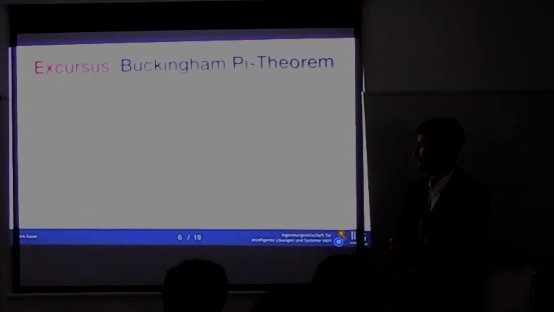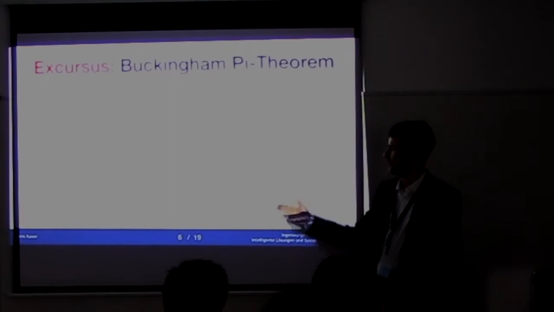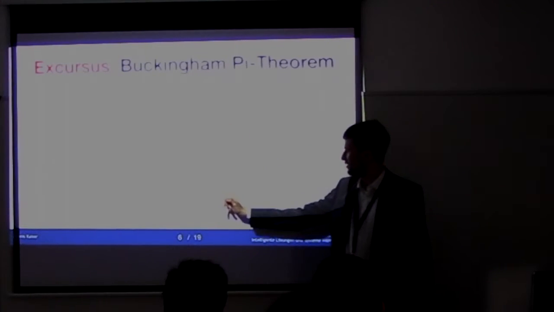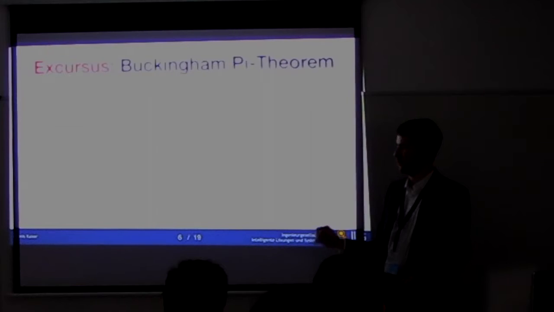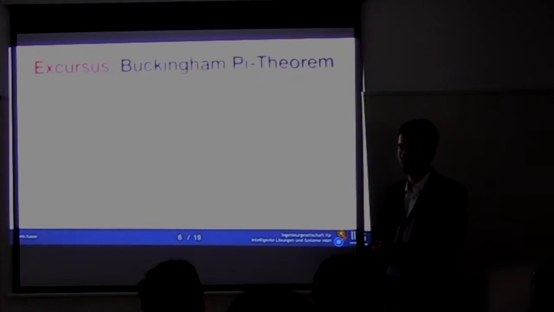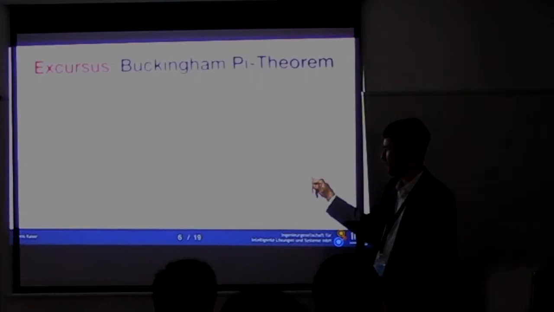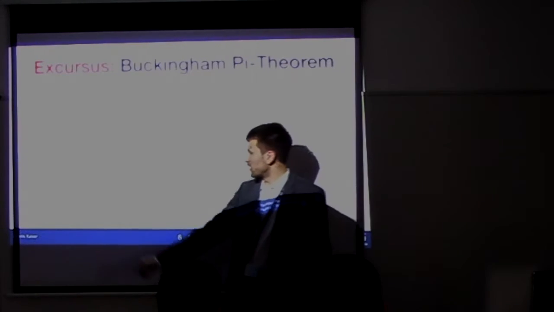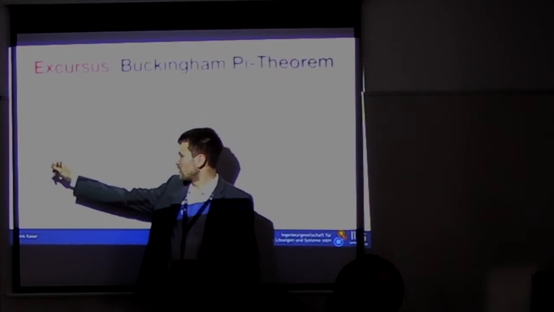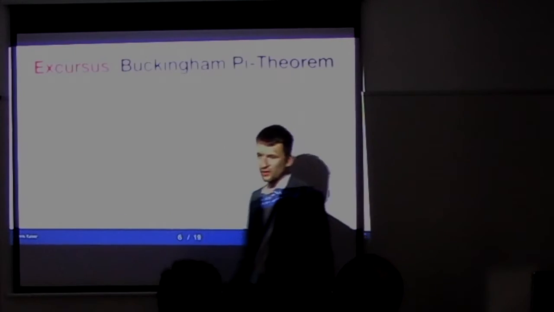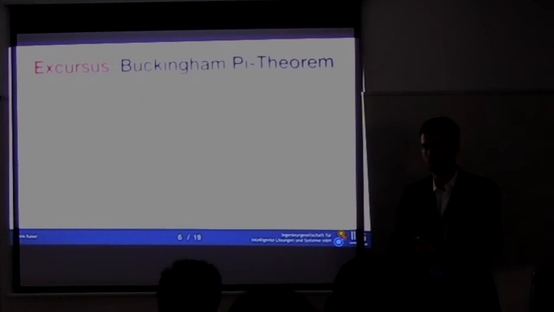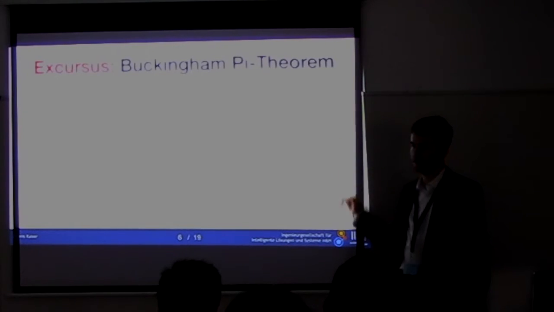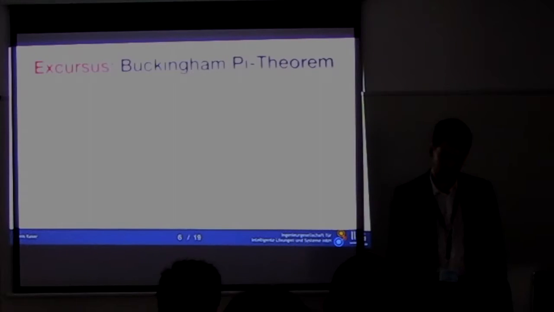And yeah, if we write all variables x in a matrix, and then we get the rank of this matrix, then we also have the number of dimensionless products, because the number of dimensionless products is the number of the original variables n minus the rank of this dimensional matrix.